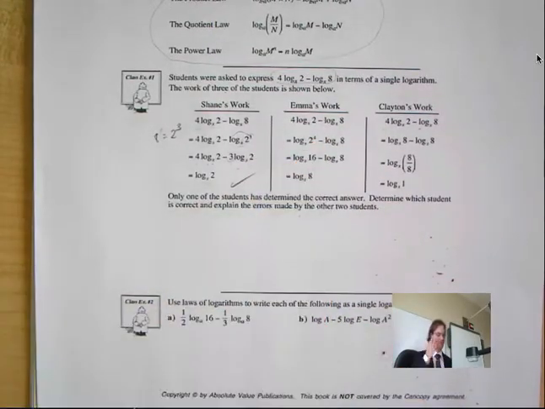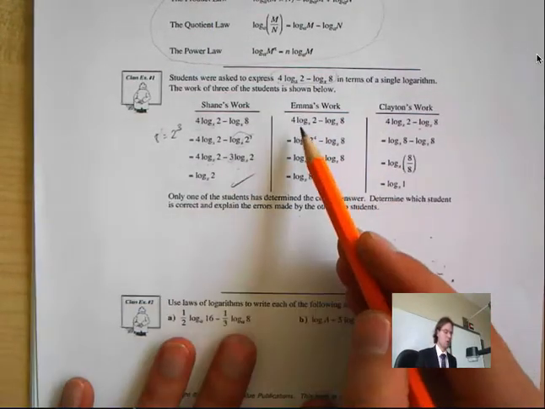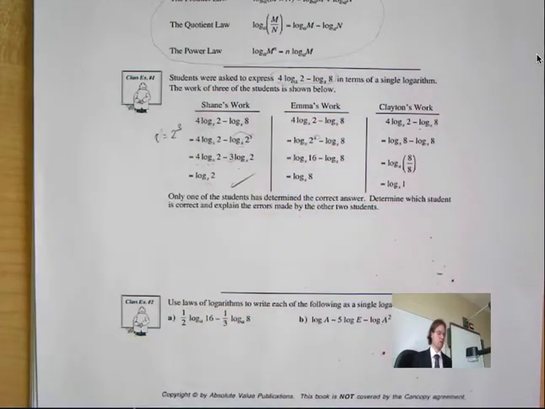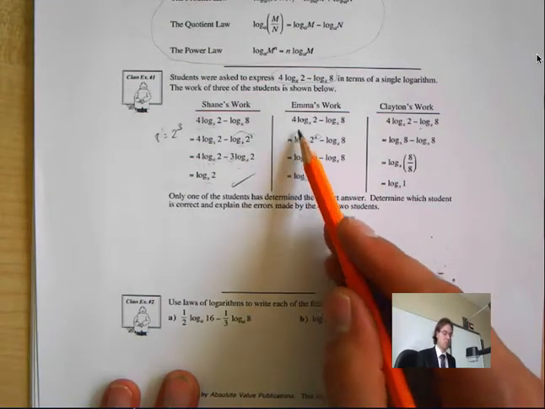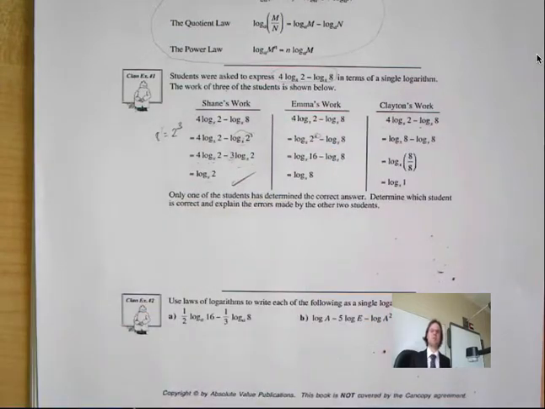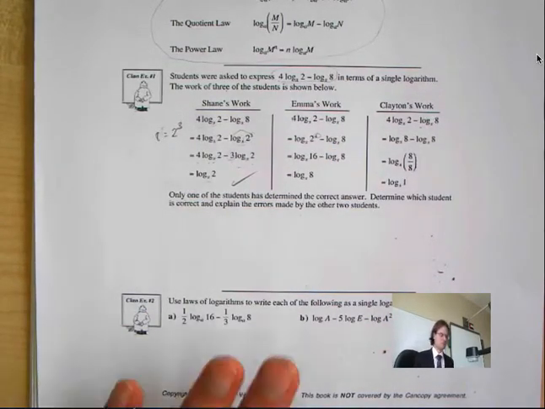Let's look at Emma's work. So Emma's work goes, she has this, and she puts this 4 to the exponent, right? Now, this is so far correct. She could move this 4 into the exponent. I see what she's doing here. She says it's subtraction, and when we subtract, that means division, normally.